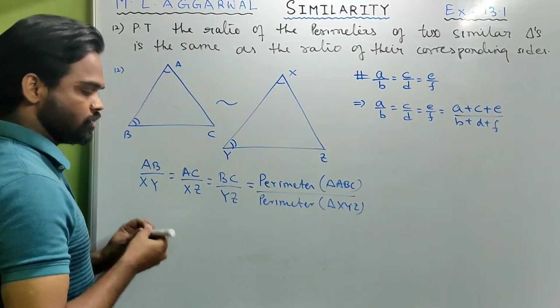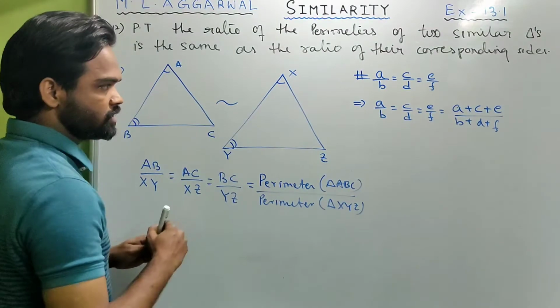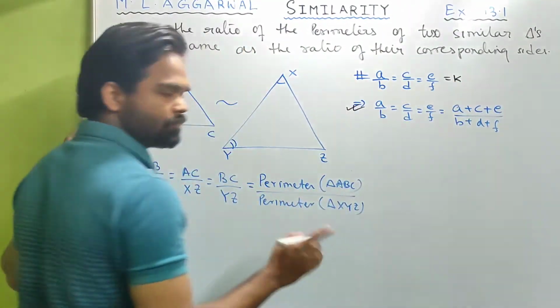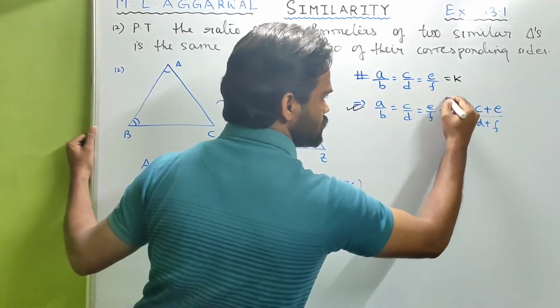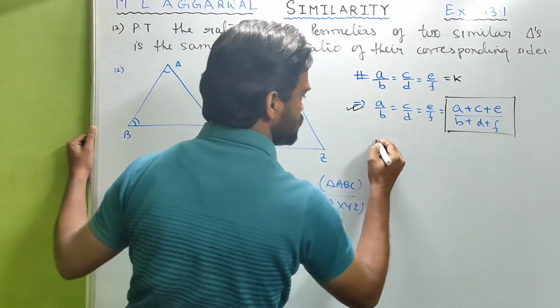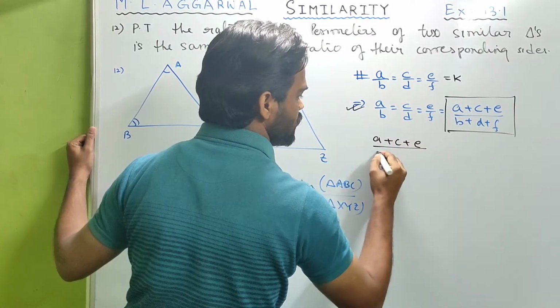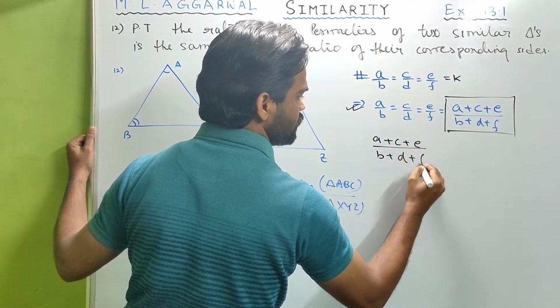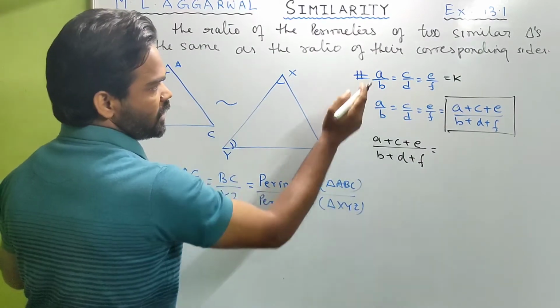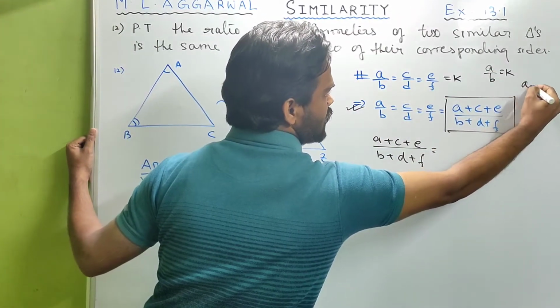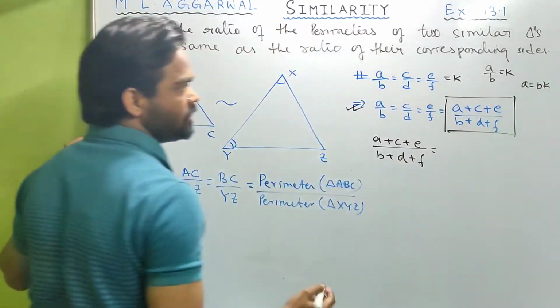How come? Just look over here. We'll try to prove this. Suppose this I take as K. Then just look at this. A plus C plus E by B plus D plus F. Now instead of A, see, A by B is equal to K. So we can say A equals to BK, isn't it?